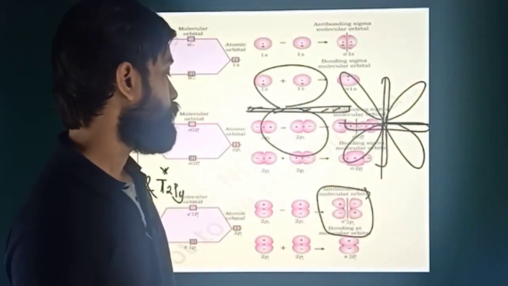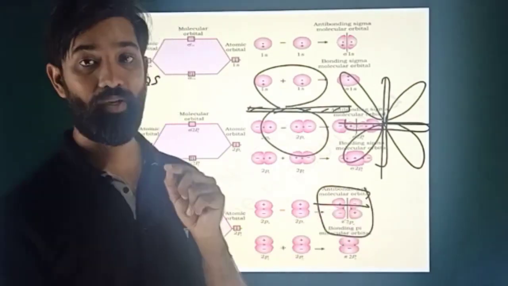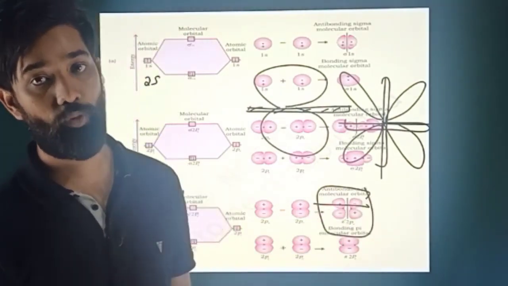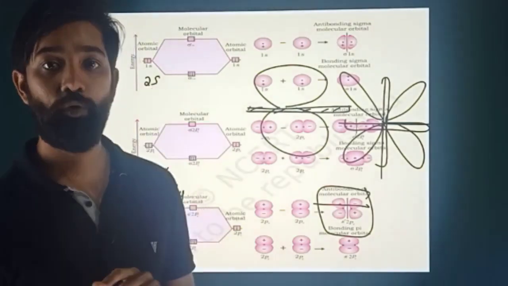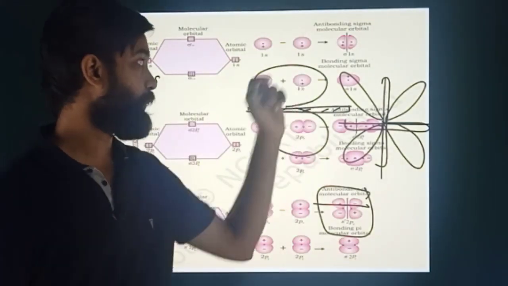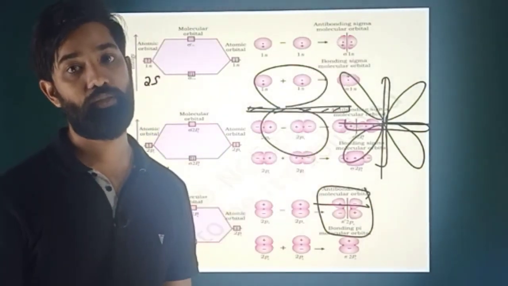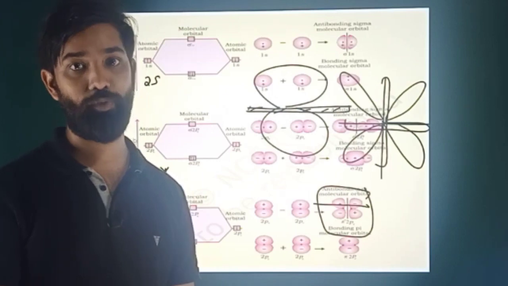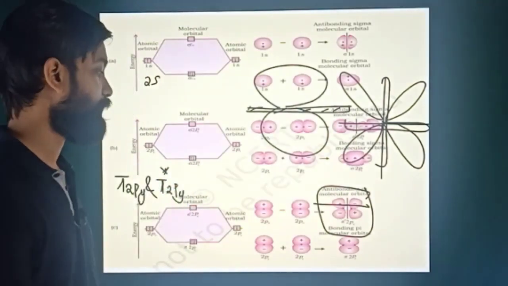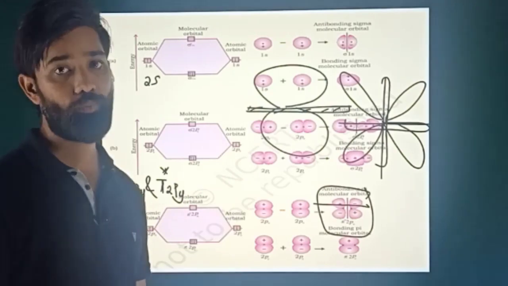So two nodal planes are for pi star 2px and pi star 2py, and one nodal plane is for pi 2px or pi 2py. A nodal plane is for sigma star 2pz, and also for sigma 2s. So these all are the different shapes of molecular orbitals. This is a figure which is given in your textbook.